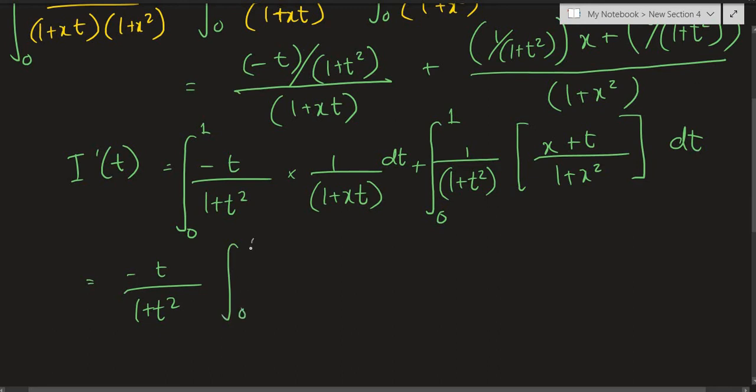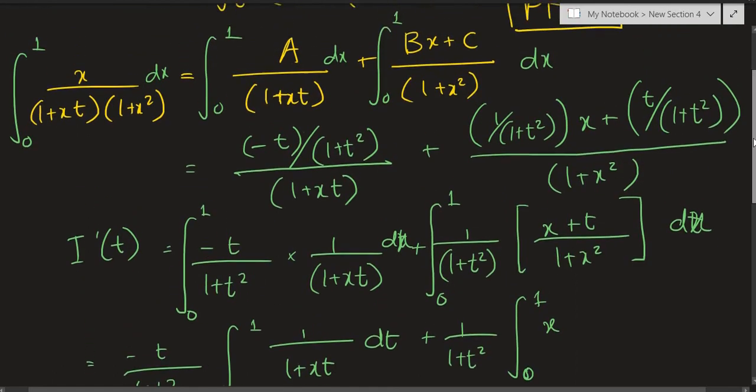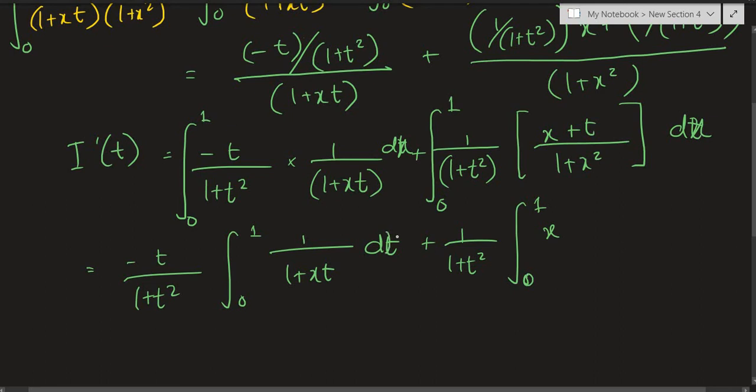We have the integral from 0 to 1 of 1 over 1 plus xt dx, and now plus 1 over 1 plus t squared times, we can split this into two integrals, integral from 0 to 1 of x divided by 1 plus x squared dx, plus this 1 over 1 plus t squared factor is going to be as it is, 1 over 1 plus t squared times the integral from 0 to 1 of, well, now we can take the t out too, right?